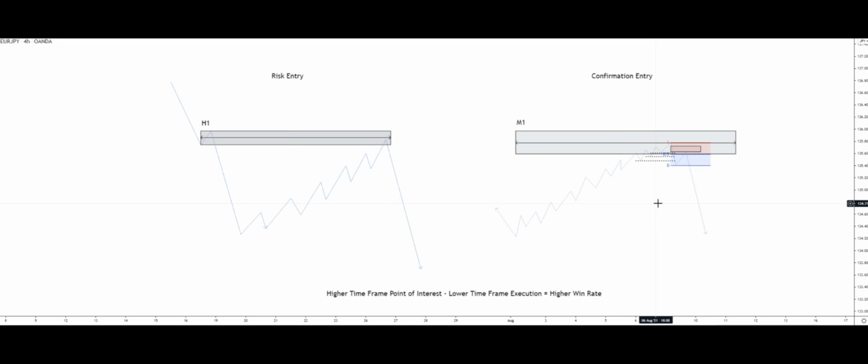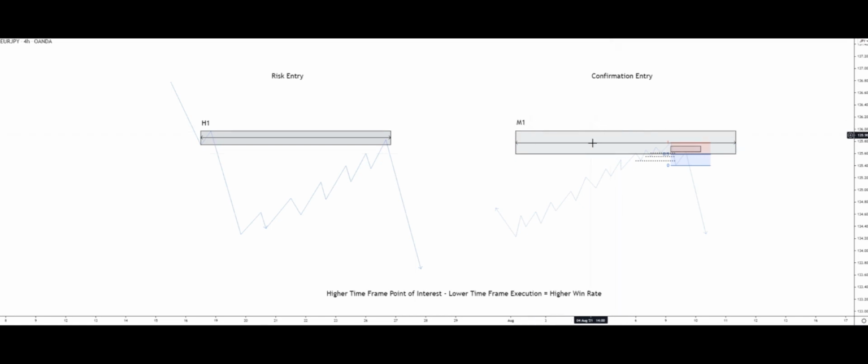I know there are plenty of trade recaps in the trade recap section, but I want to do one that prioritizes looking for the break of structure confirmation entries. I'm not going to do a recap on a risk entry because there's no point. It's just trading from a point of interest. But on a 1 minute time frame, whatever smaller time frame you go down to to look for the structure breaks, that's up to you.